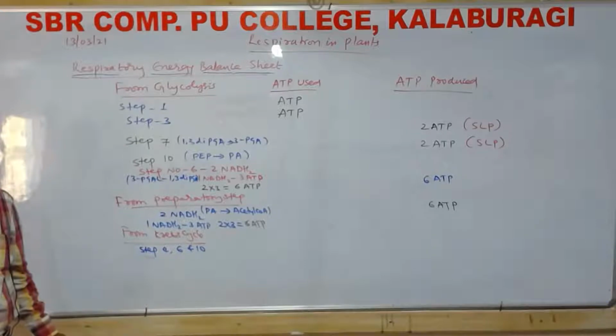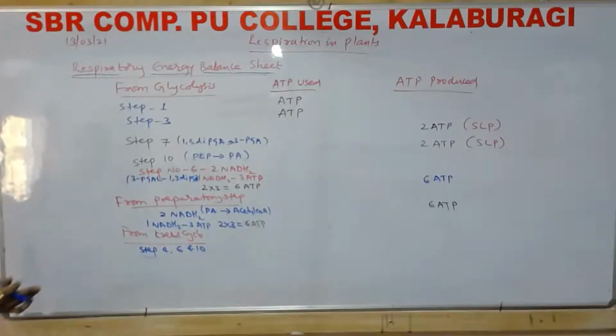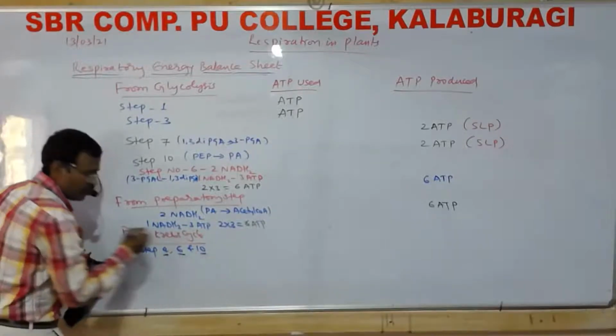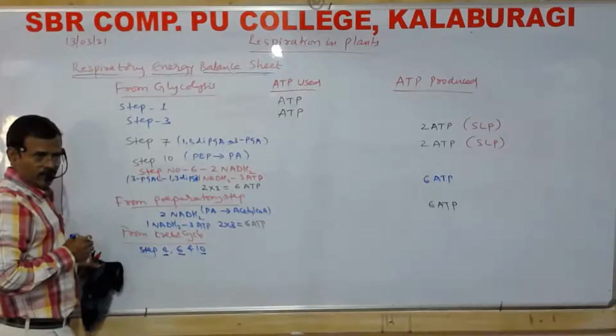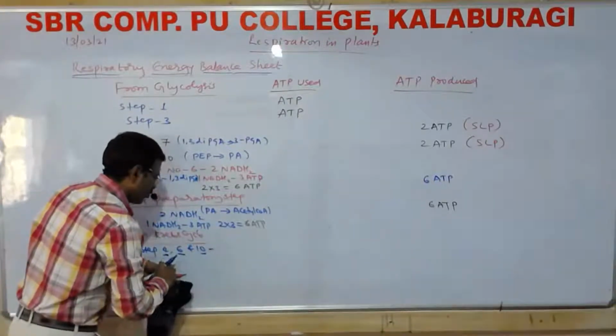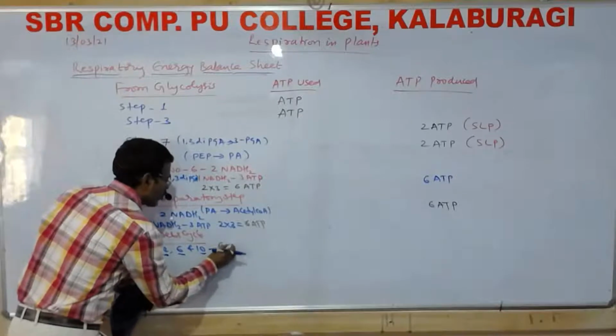Okay. In each step, 2 NADH are produced. So 3 steps with 2 each means how many NADH will be produced? Yeah, 6. 6 NADH will be produced. 2 in this, 2 in this, 2 in this. Right? So 6 NADH are produced in total.